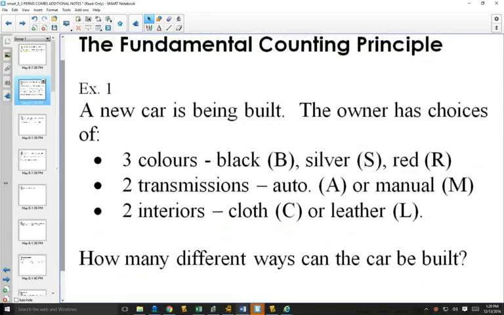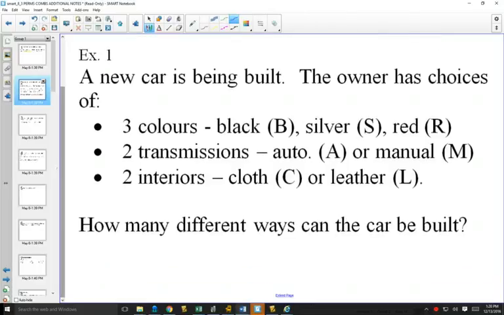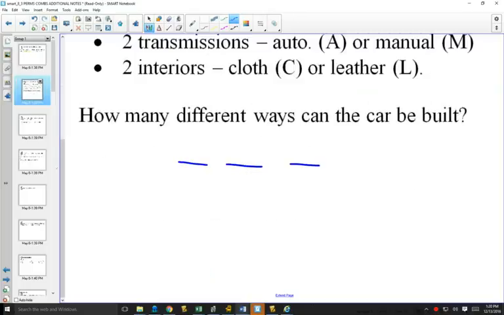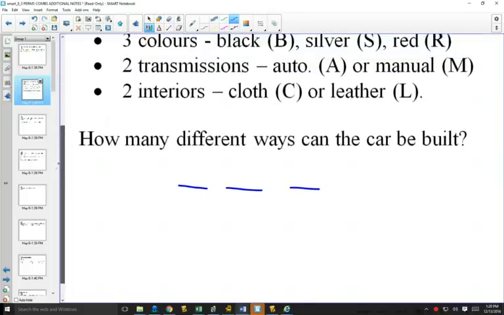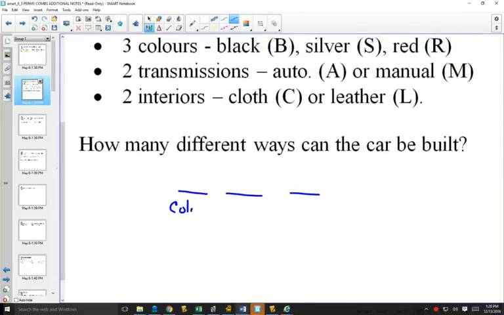This is our spaces. We remember that we draw a space for every decision that we have to make. So in this example, for the new car, the owner has 3 decisions. So we would draw 3 spaces for this, and we would write a little note underneath each of these spaces. This is going to be my color choice, transmission, and interior.